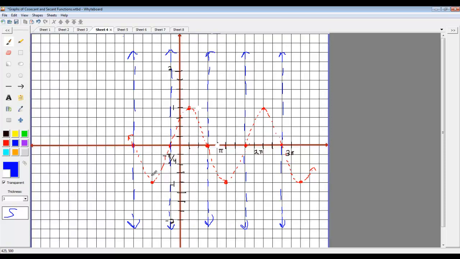Then wherever this dips down to its lowest points, that's going to be the top point of one of these curves. And wherever this goes up to one of its highest points, that's going to be the minimum of one of these curves. But all the blue that I'm drawing, that's your y equals cosecant of x plus pi over 4.